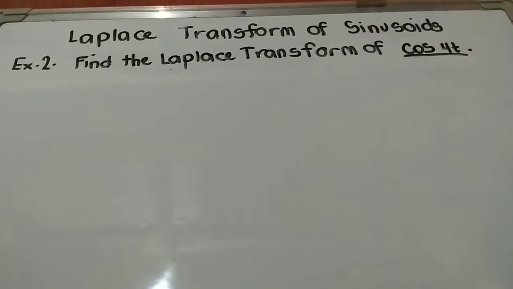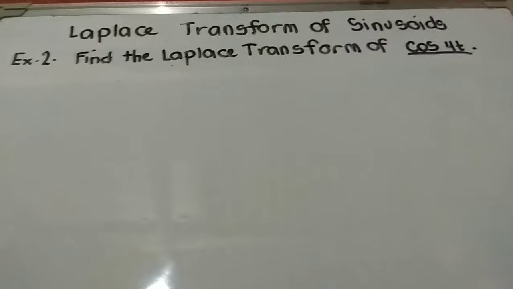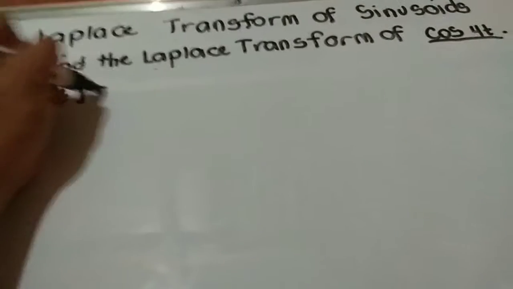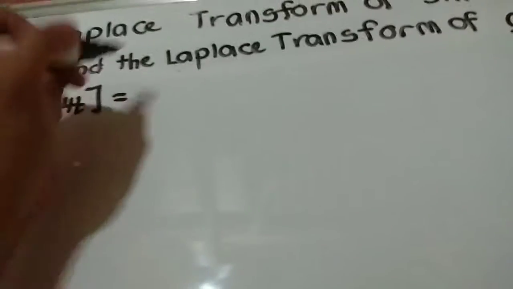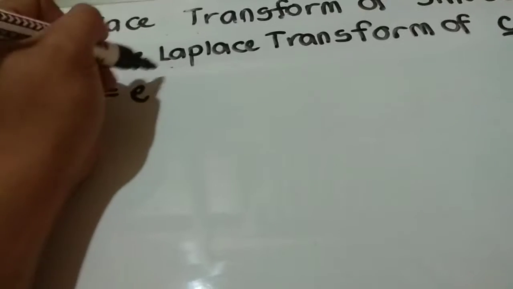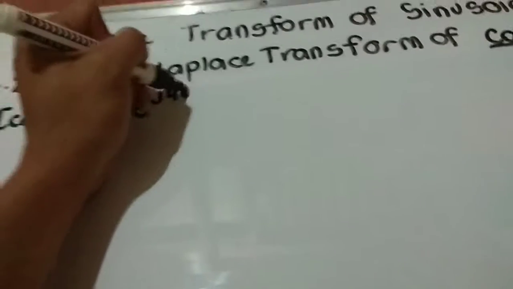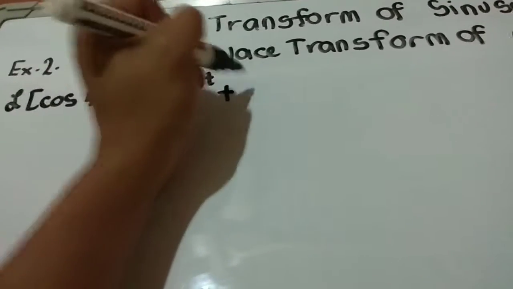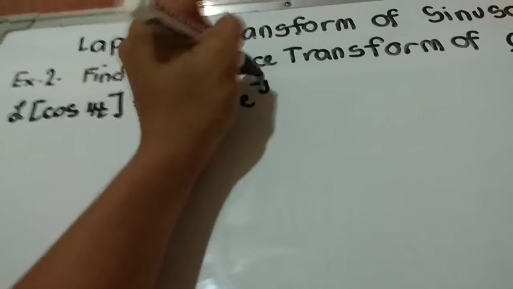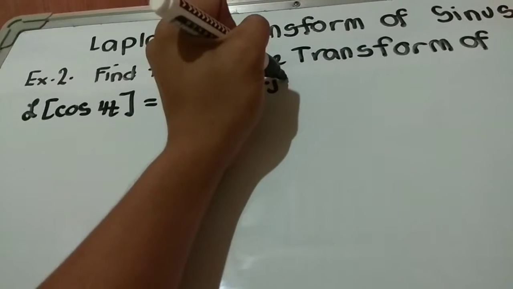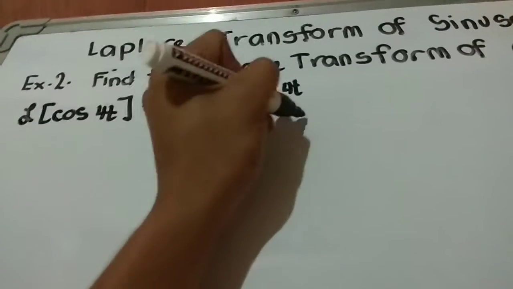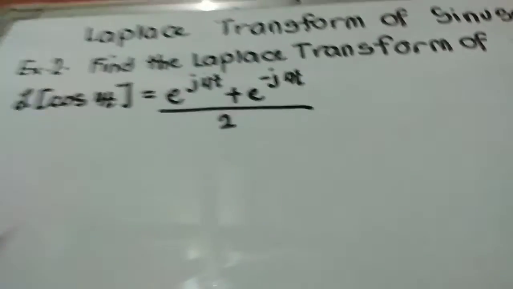Example number 2. Find the Laplace transform of cosine 4t. Laplace of cosine 4t is equal to e to the power of j4t plus e to the power of negative j4t all over 2.